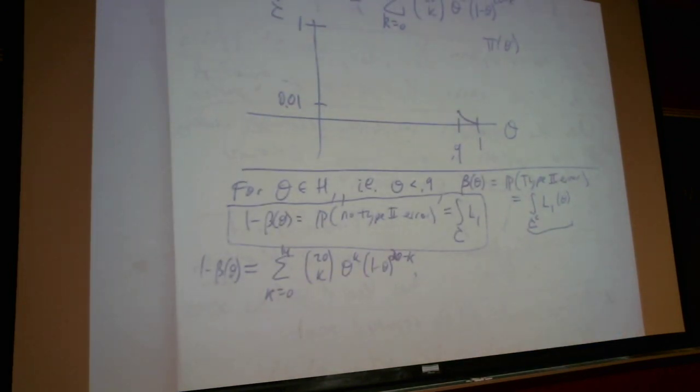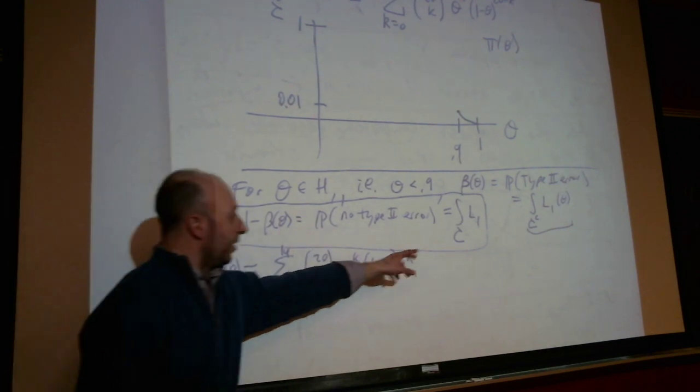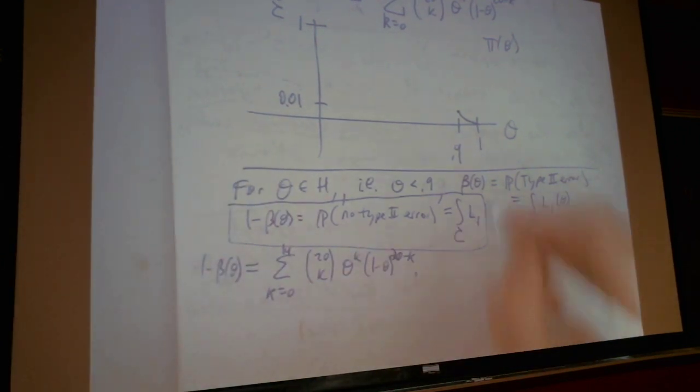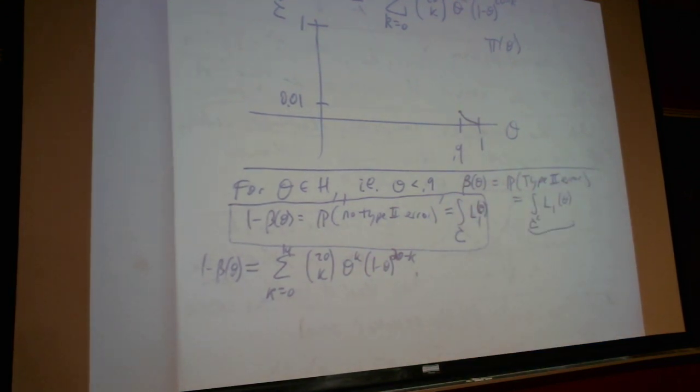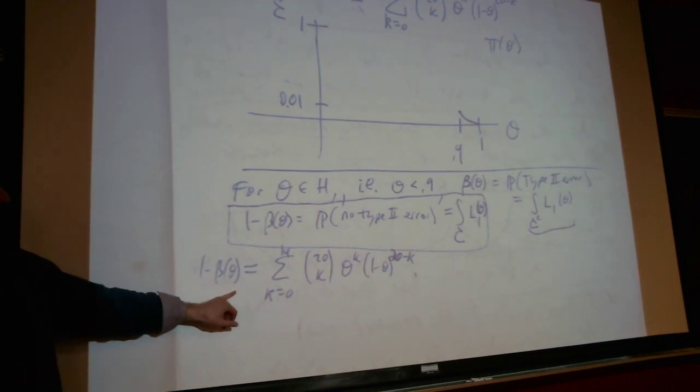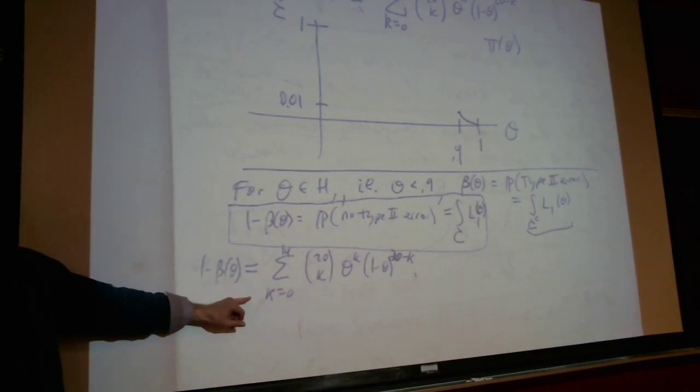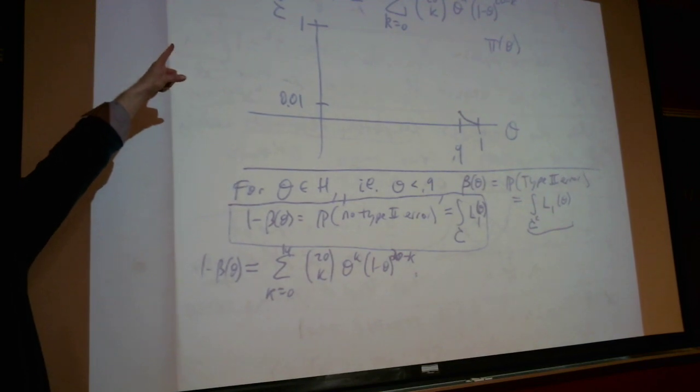L1 is a function of theta there, right? Yes, L1 here is also a function of theta. So what's 1 minus beta? What's the difference between 1 minus beta and alpha of theta?